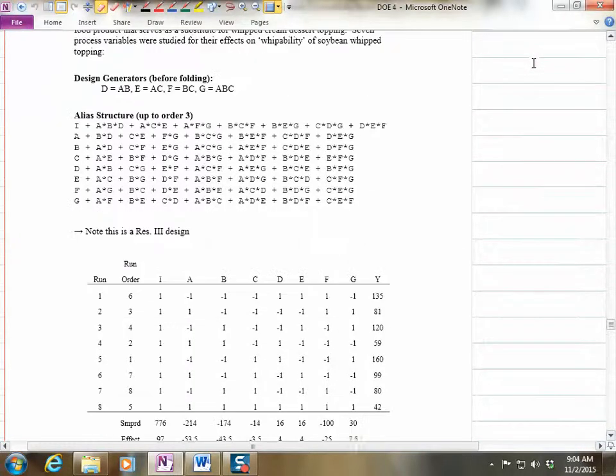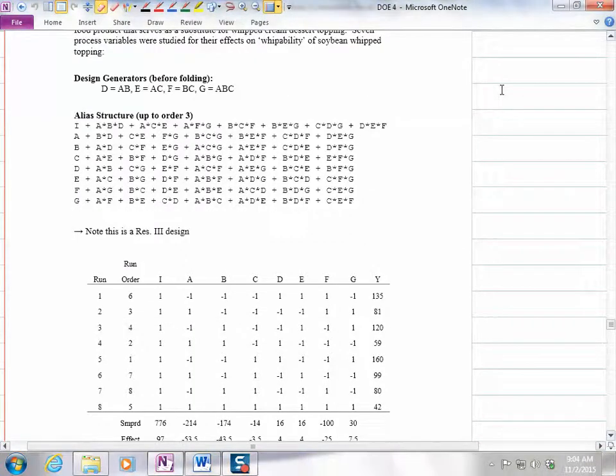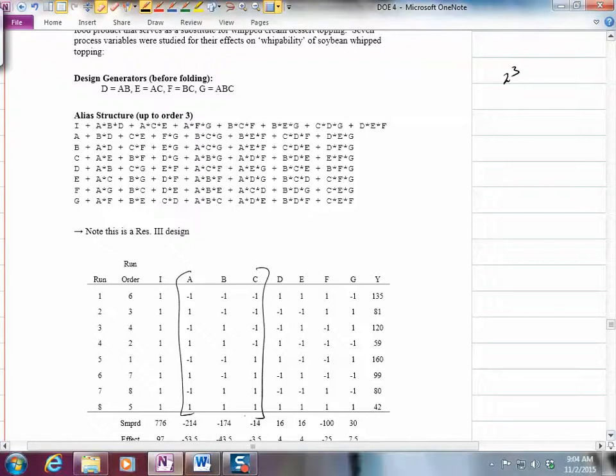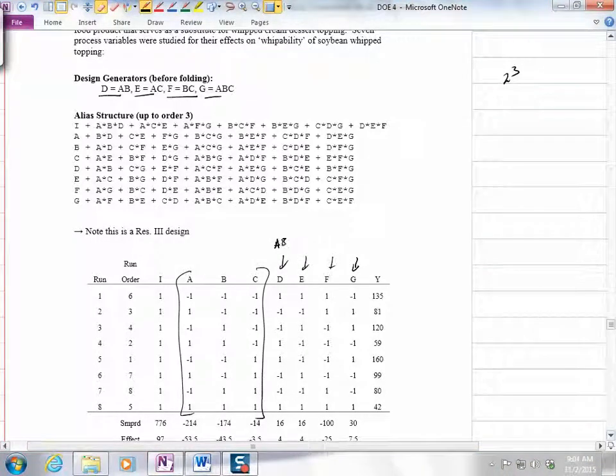Remember this? Does this at all look familiar? Okay. So 8 runs. That was a 2 to the 3rd base design. So you write a full factorial in those factors, and then you add factors D, E, F, and G. You add them by confounding them with various columns in the base design.